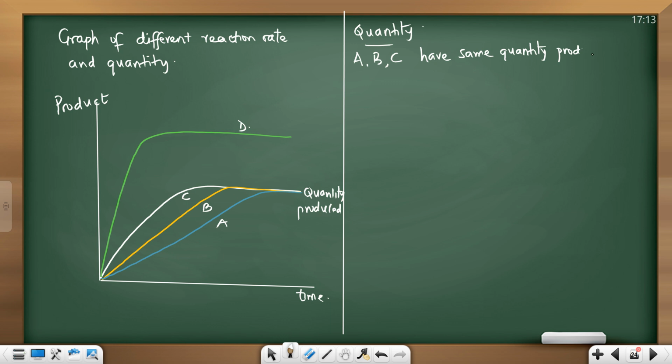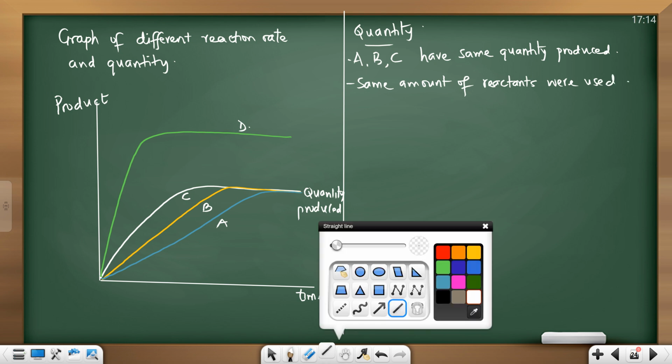You know what that means? It means that the same amount of reactants were used.